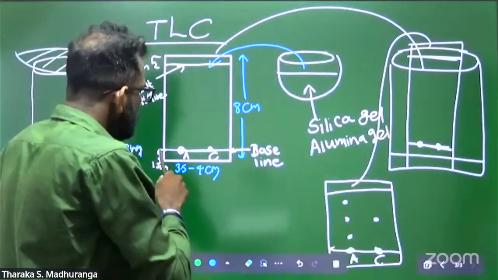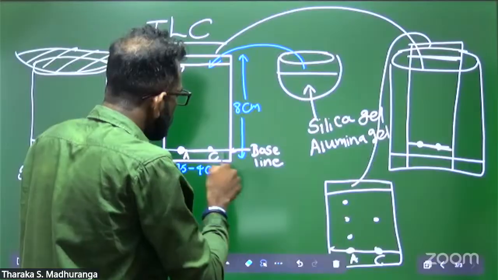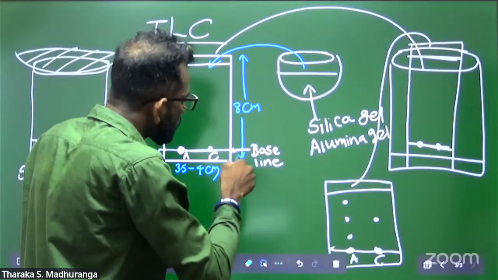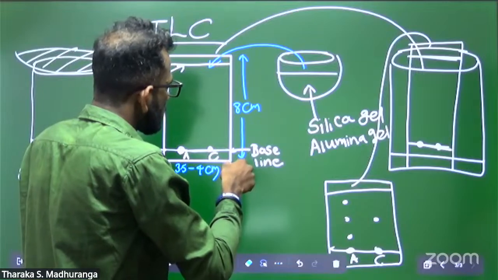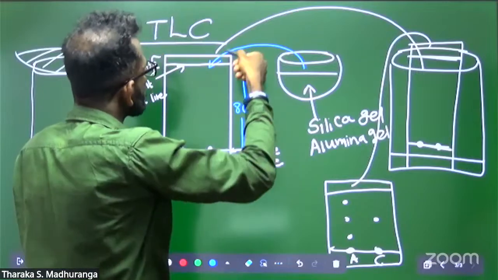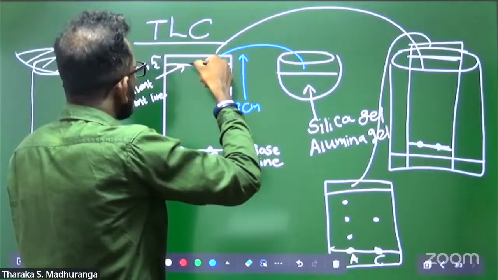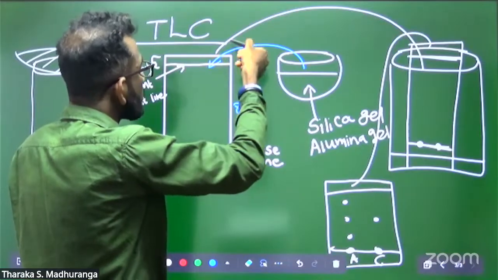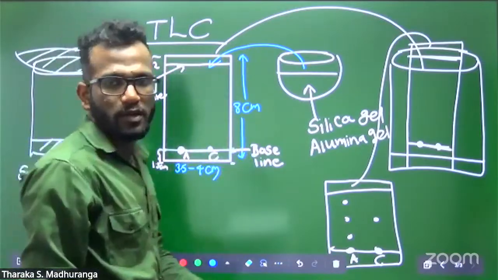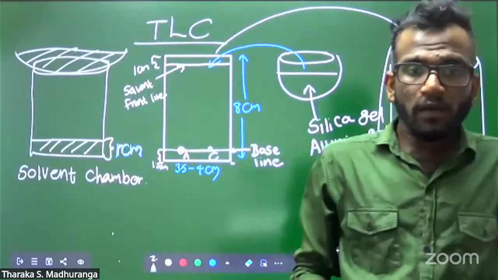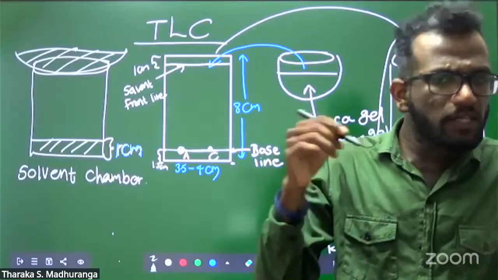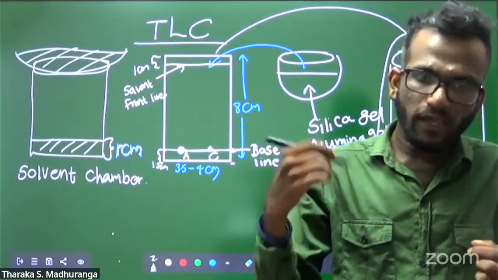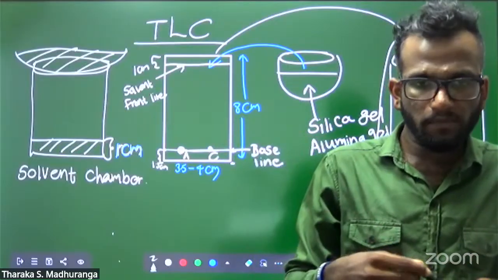And using a thin pencil, you can draw the baseline 1.5 centimeter above the bottom edge, and the solvent front line 1 centimeter below the top edge, same as paper. Use a very thin pencil. Same equipment as the previous method.